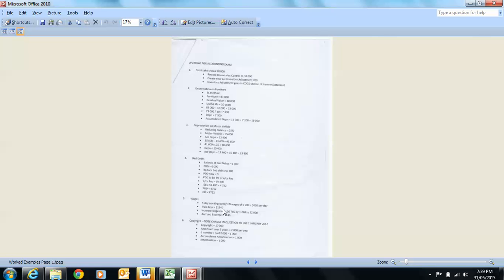Now, wages. We've got a situation in our problem where wages are $6,200 a fortnight. Right, so if it's a 5-day working week, 10 days over a fortnight, wages are going to be $620 per day.